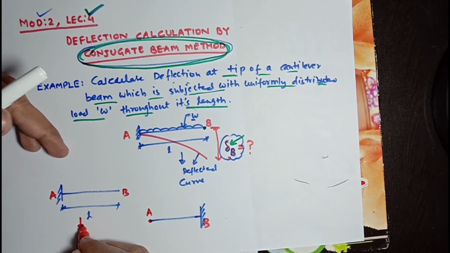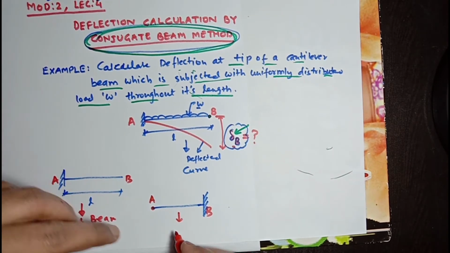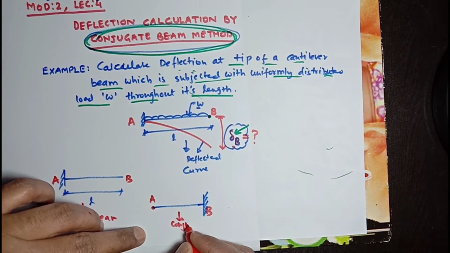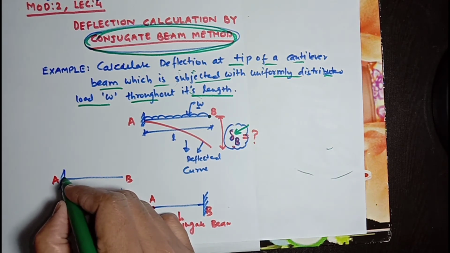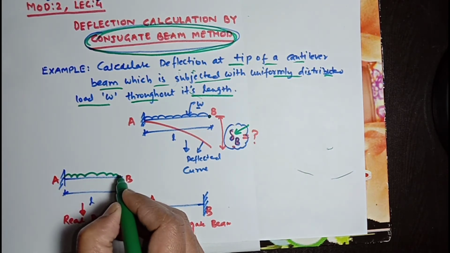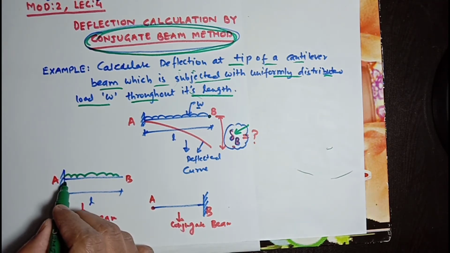This is the real beam and this is the conjugate beam. For the real beam, if it is subjected to a load, maybe UDL, point load, triangular loading or trapezoidal loading, it will have a deflected shape.